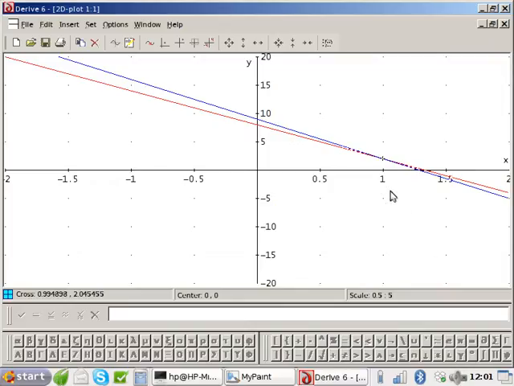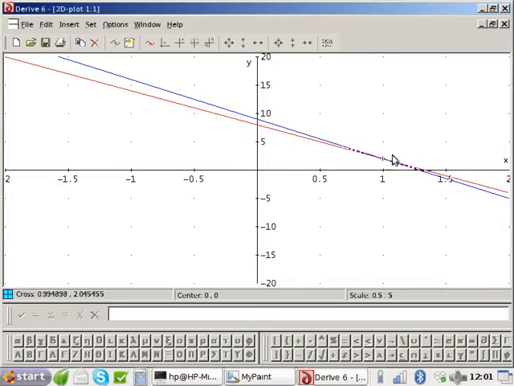So what point do you think this is? X is 1 and Y is what? What do you think? Maybe 2? I think so.